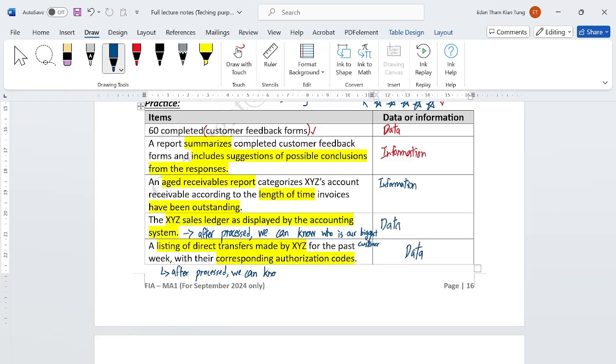We can know which is our biggest expense.